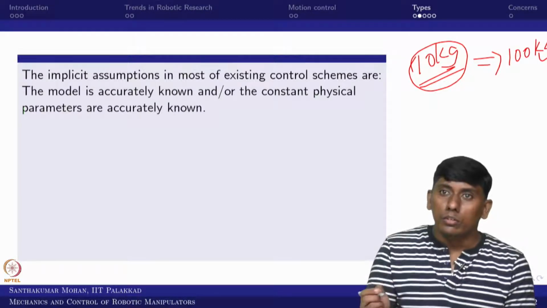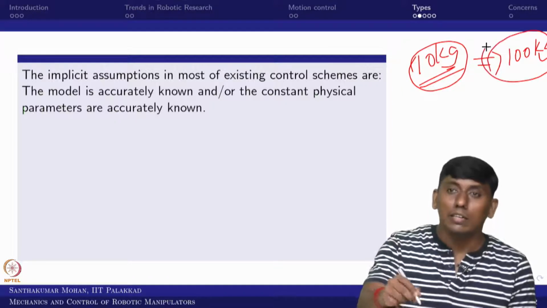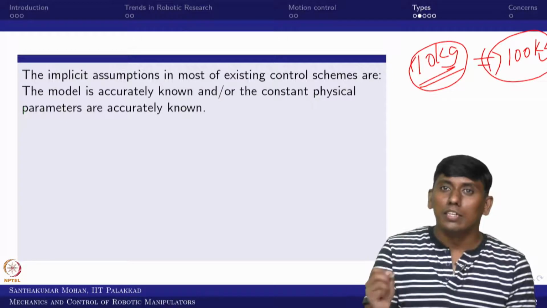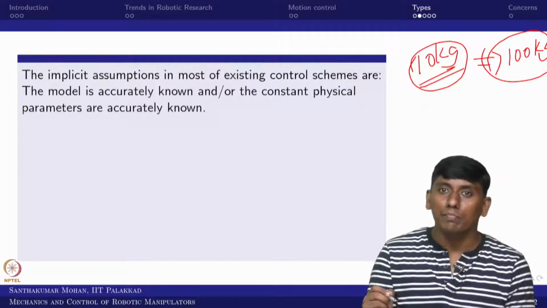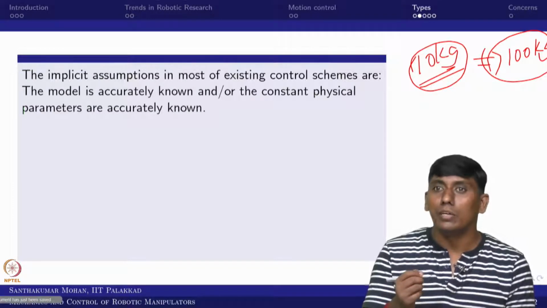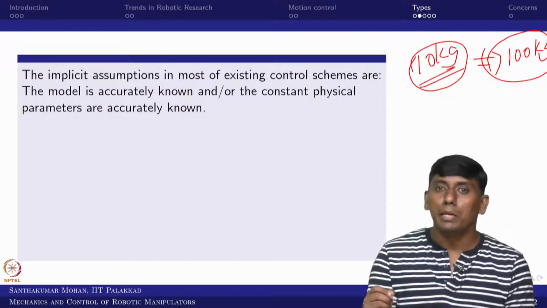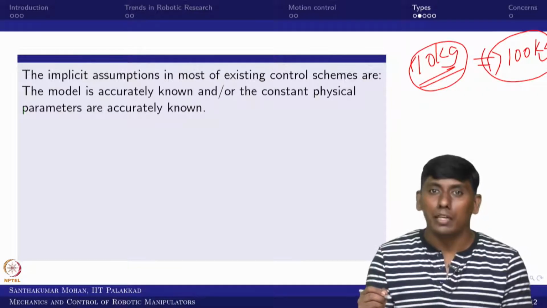Now whether the load is 1 kg or 100 kg, it assumes 100 kg and tries to compensate. In that sense, most of the time high control activity will come. It is supposed to compensate only 10 kg, but it is overwhelming because you are providing more control. That's why robust control is more commonly called overwhelming control.